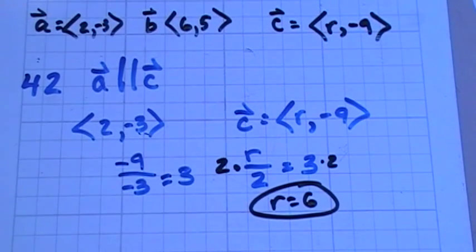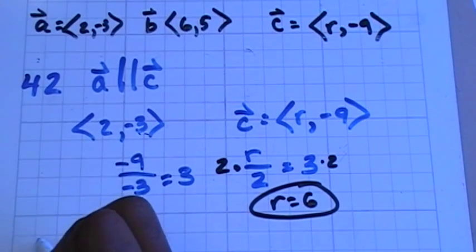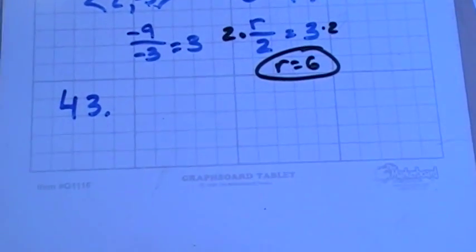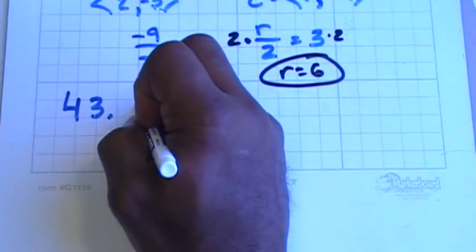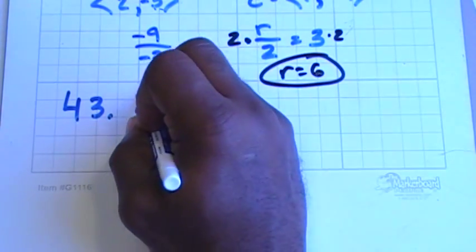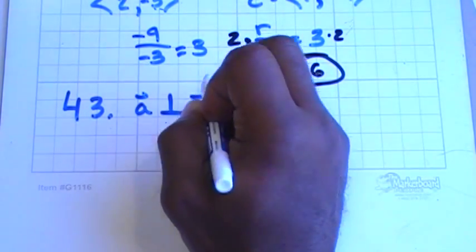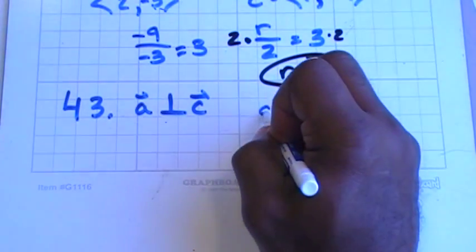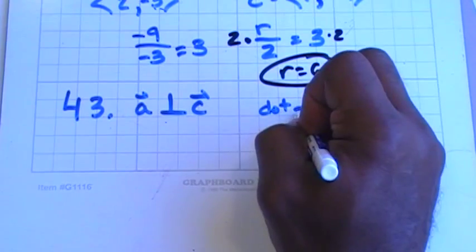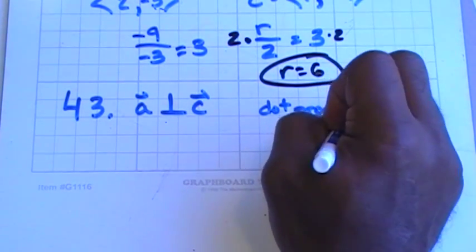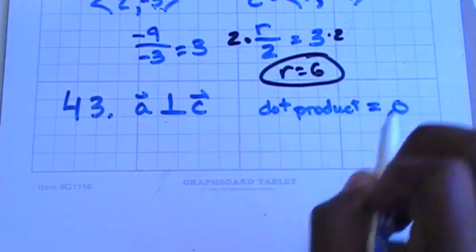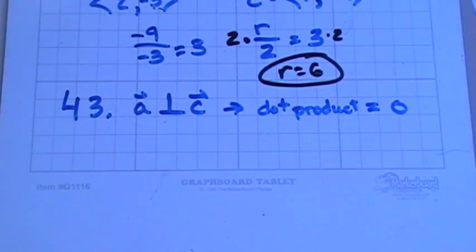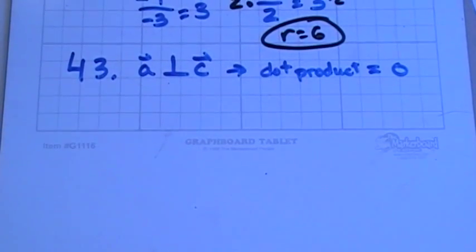Now, in order for them to be perpendicular, which I think is number 43, the dot product must be equal to 0. Let's look at that.